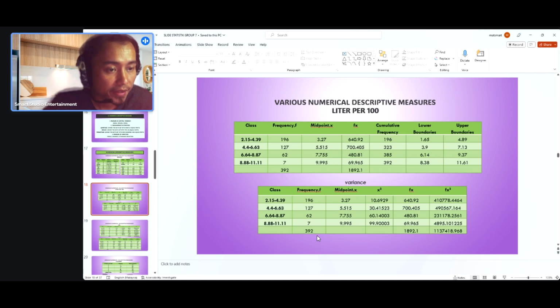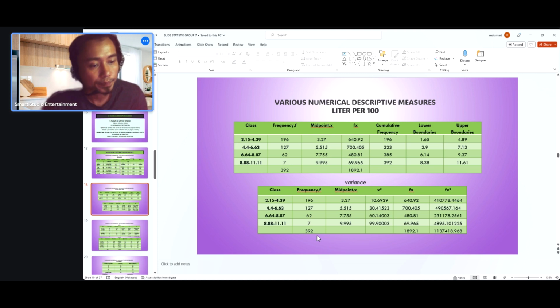Okay, there are various numerical descriptive measures for liters per 100 kilometers. We have class, frequency F, midpoint X, FX, cumulative frequency, lower boundaries, and upper boundaries. The class 2.15 to 4.39 has a frequency F of over 300, with a midpoint and FX.